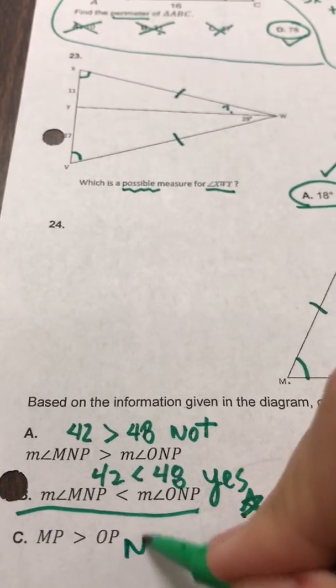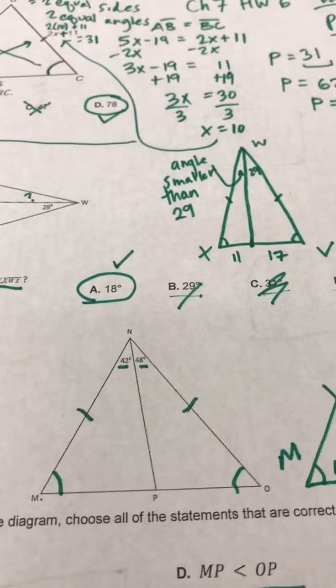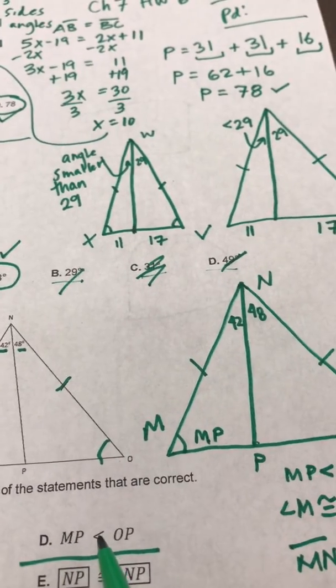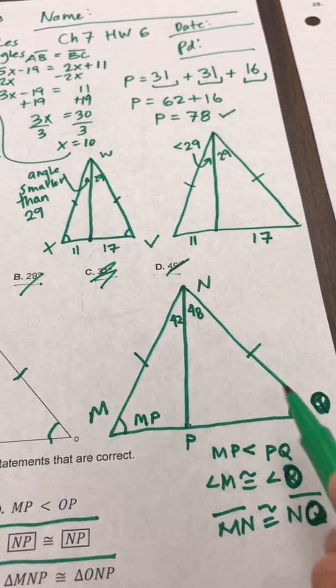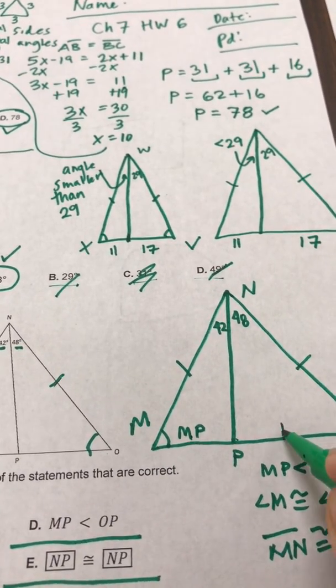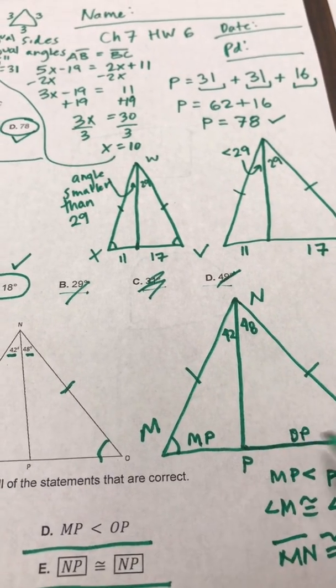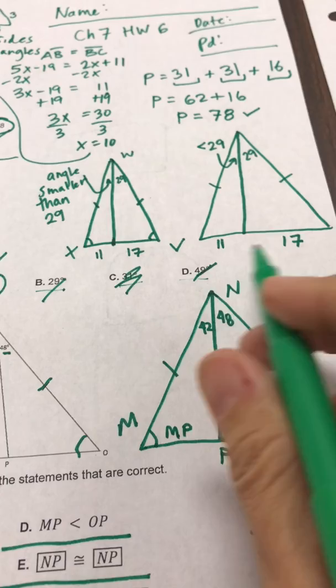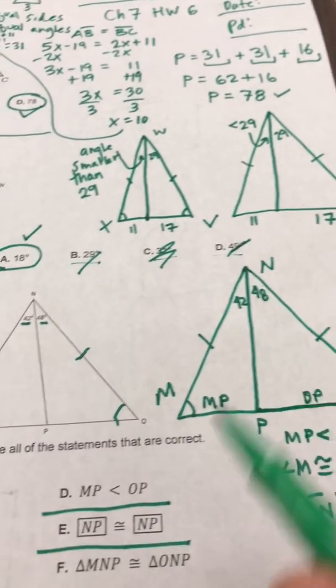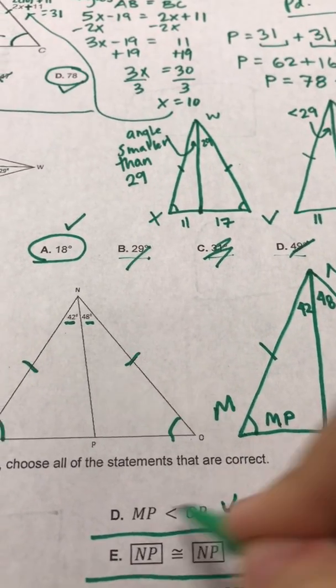So this is going to be a no. And now let's look at MP is less than OP. Yep. Oh, this is length OP. We know that that is true. We know that this has to be less than that, just like what happened here. 11 is less than 17. So this one's going to be a yes.